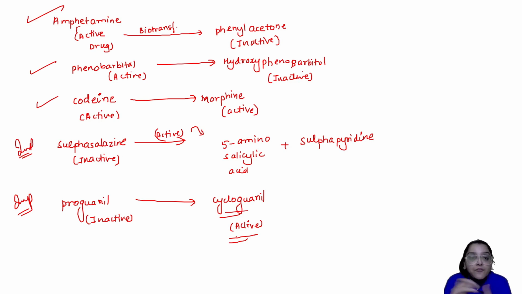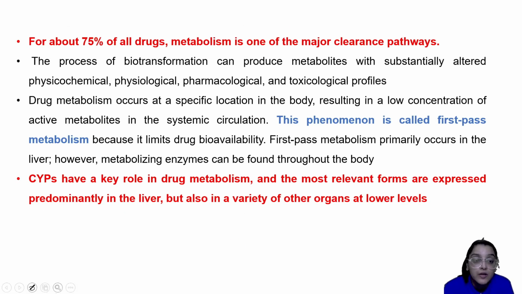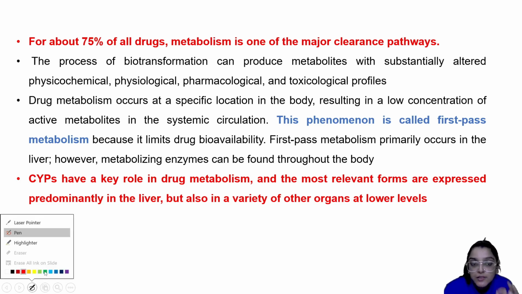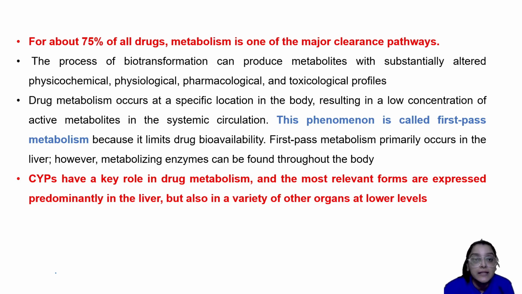There can be conversion of inactive to active or active to inactive. All this depends on the nature and type of the drug molecule and the type of biotransformation reaction it is going to undergo. Right. So the major concern with the metabolic pathway is the clearance. They all are metabolized so that they are excreted really quickly.